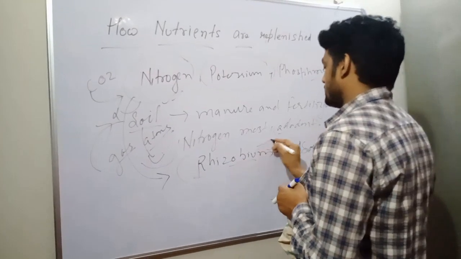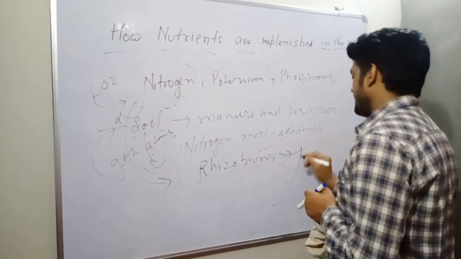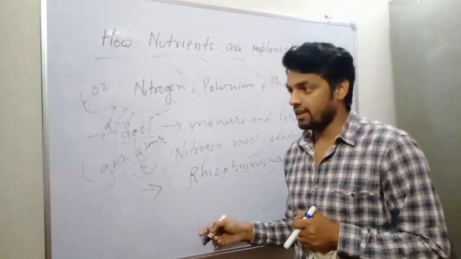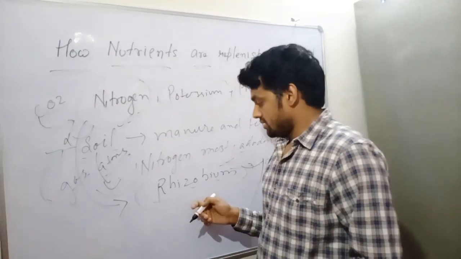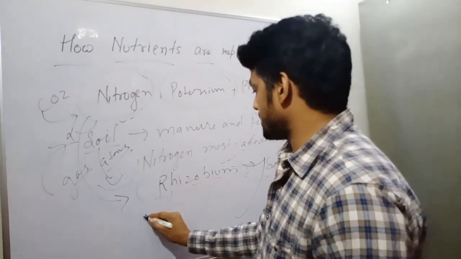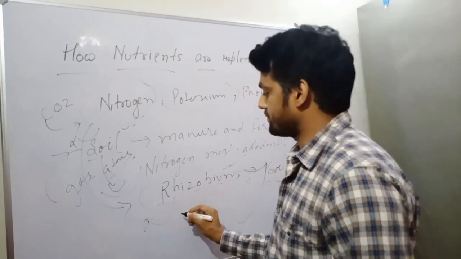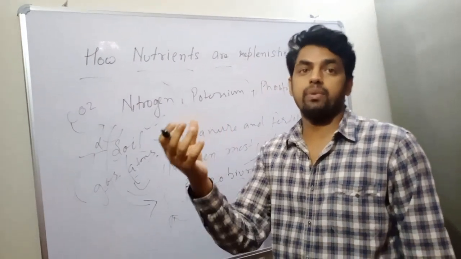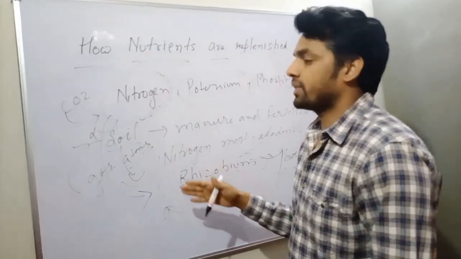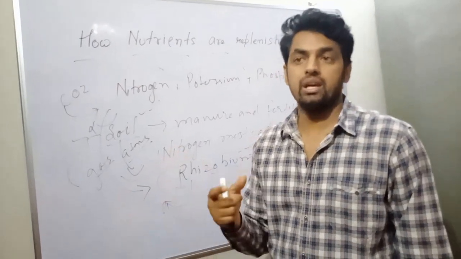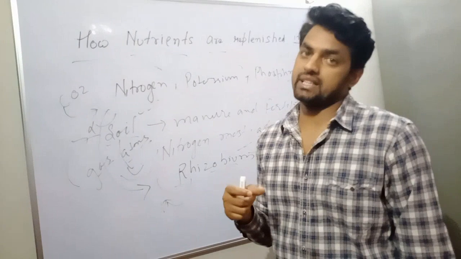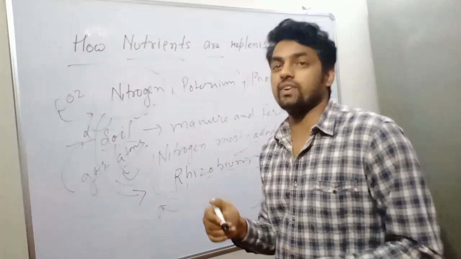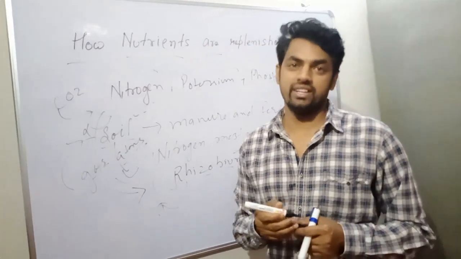It makes it soluble and adds it to the soil. Rhizobium cannot prepare its food by itself. It gets all its nutrition and shelter from the plant only. It supplies nitrogen to the plant through the soil, and from the plant it gets nutrition and shelter. In this way both help each other, and here also a symbiotic relationship is formed.